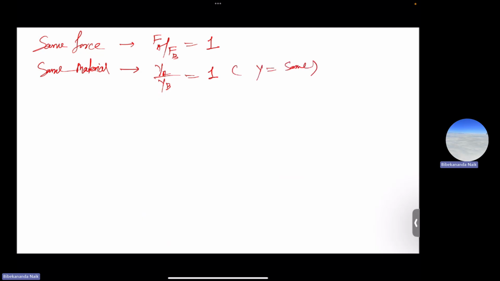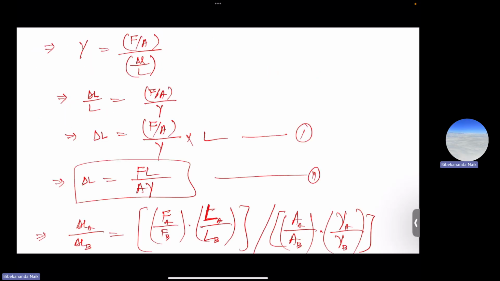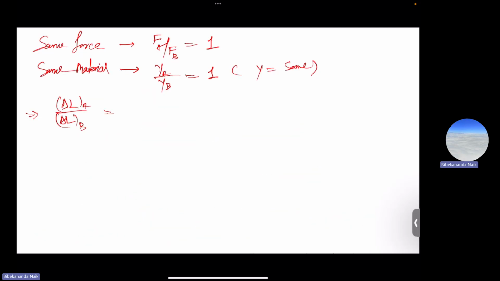Now delta L A by delta L B will be equal to L A by L B. So L A by L B is 1 by 2, it was given in the question.